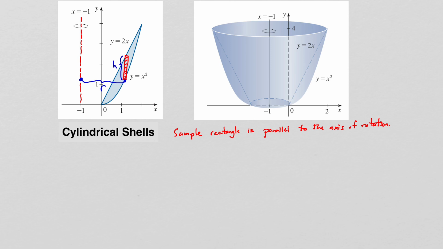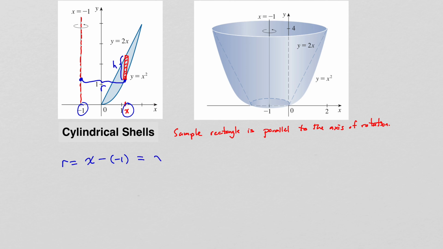Now, the radius is always the harder one to find. It's the one that will sometimes give students trouble. So where is that representative rectangle? Well, it's randomly drawn. I could have drawn it anywhere in here. So it corresponds to some value on the x-axis that I'm going to call x. So if I want to find the distance between this number on the x-axis, which is -1, and this number on the x-axis, which is x, to find the distance between two numbers horizontally, you take the right number minus the left number.